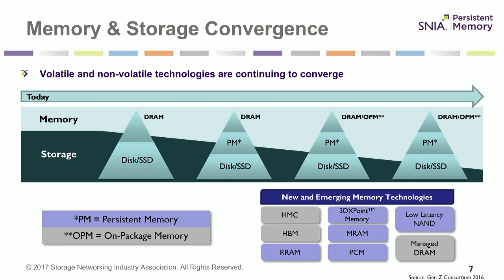Now, we already know that CPUs have had a form of on-package memory for quite some time. We call it cache, typically made of static RAM or SRAM, but you will see more emergence of new types of memory technologies. And you can see some of the alphabet soup there on the right, things like high bandwidth memory and resistive RAM and magnetic RAM.